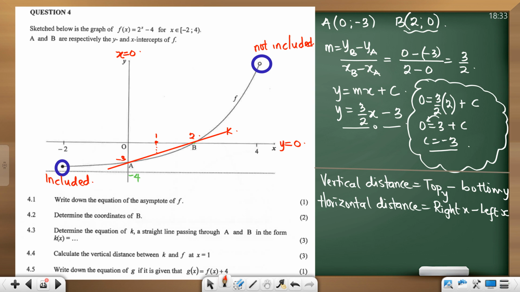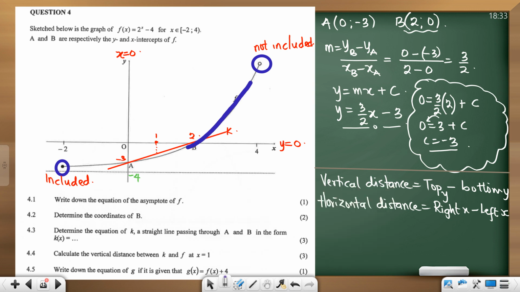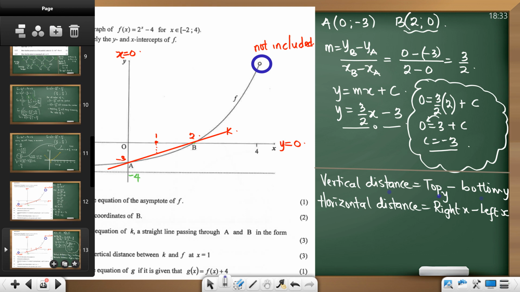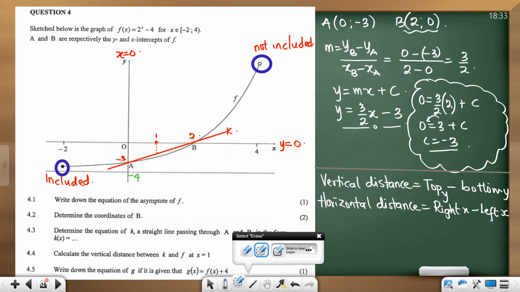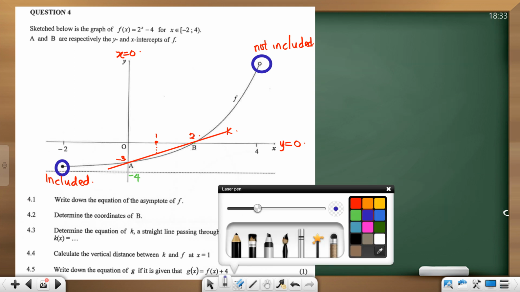X equals 1. That is F, and K is on top. What is my vertical distance saying? Top function minus bottom function. Vertical distance, therefore, will be K minus F. There are two ways of doing that.